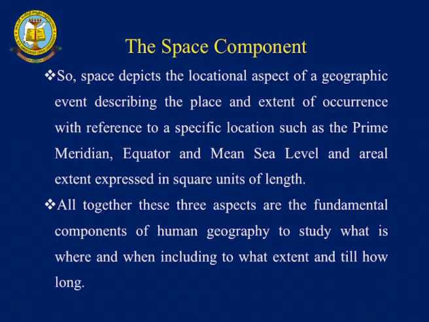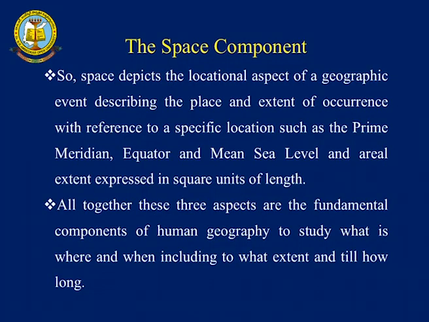That means space depicts the locational aspects of the geographical event, describing the place and extent of the occurrence, with reference to a specific location, such as the prime meridian or the equator or mean sea level. If something has taken place at some 600 meters above mean sea level, we give the reference like this, isn't it? So that is called the space component.